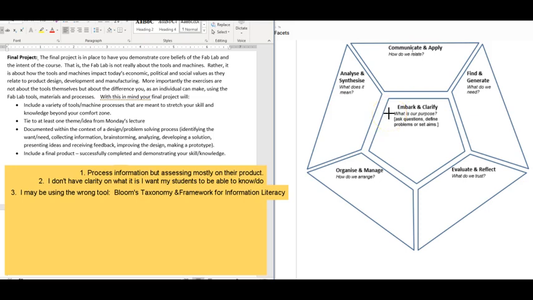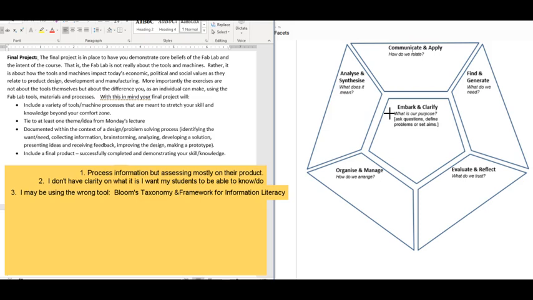The other thing is that I may want to go visit the framework for information literacy, because I'm very convinced that I can get students to demonstrate the problem-solving process, and that process aligns very well with the optimizing problem-solving Pentagon.